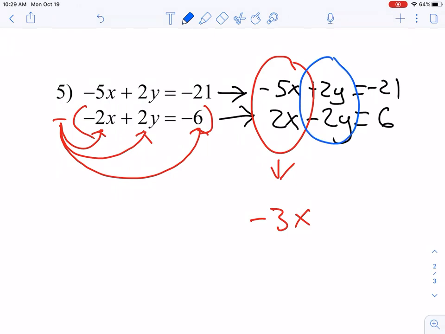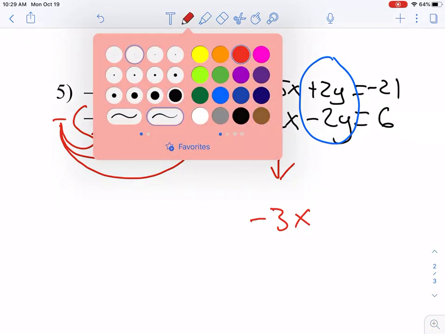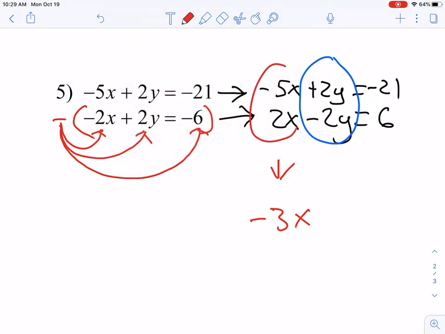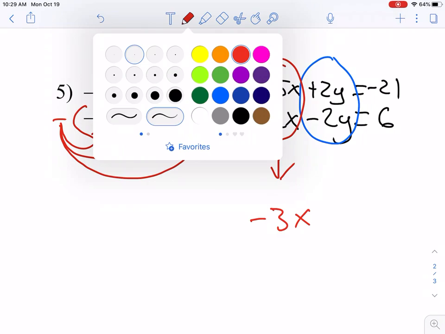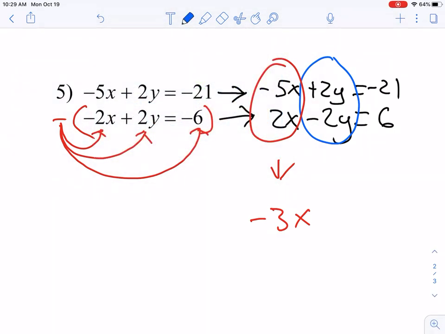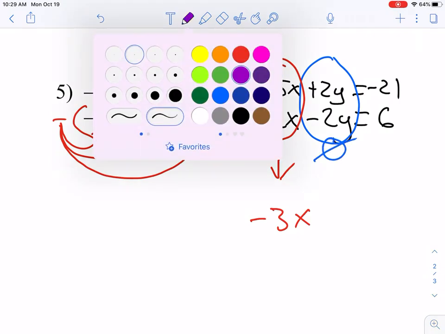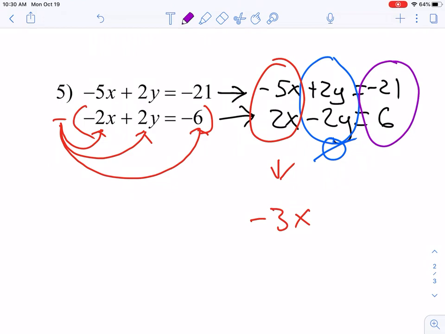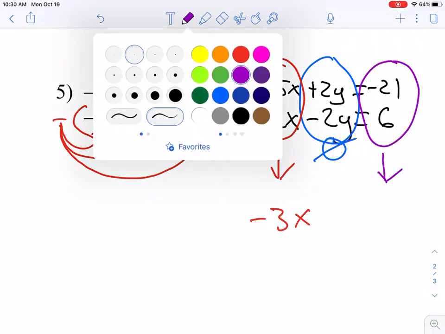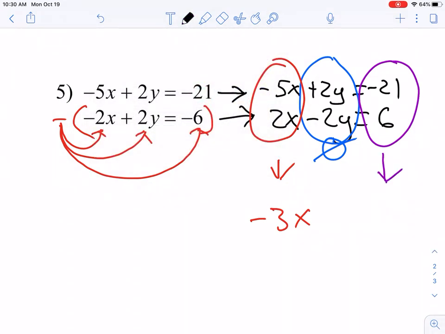I kind of blocked my signs there with my red circle, but negative 2y and positive 2y cancel out. And then negative 21 and positive 6 will leave me with a negative 15.